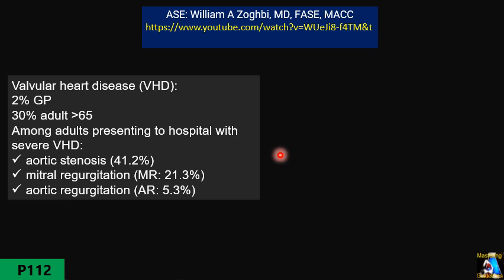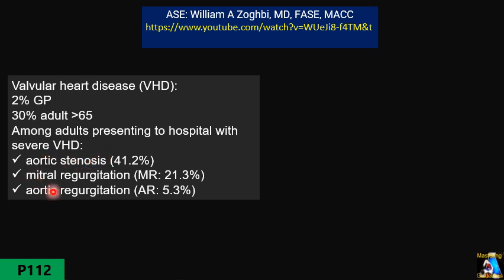Valvular disease: about 2% of the general population have some kind of valvular disease, and with increasing age it goes up to 30% above 65 years old. Among those valvular diseases that bring patients to the hospital and need intervention and some kind of treatment, the most common abnormality was aortic stenosis, about 40%.